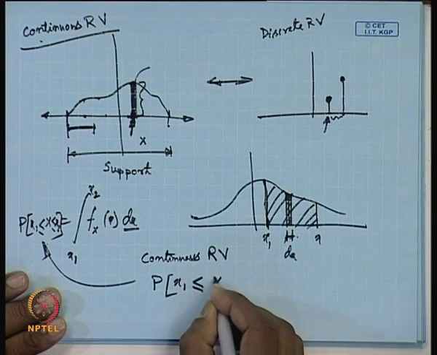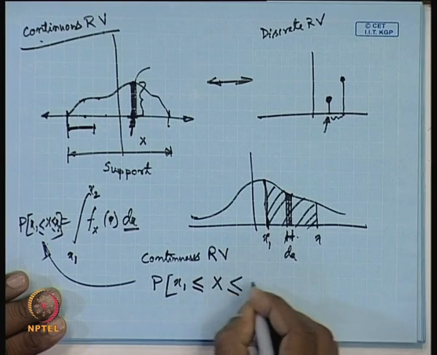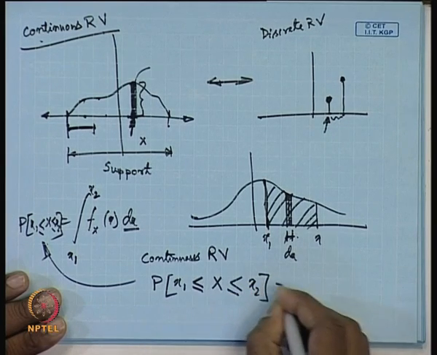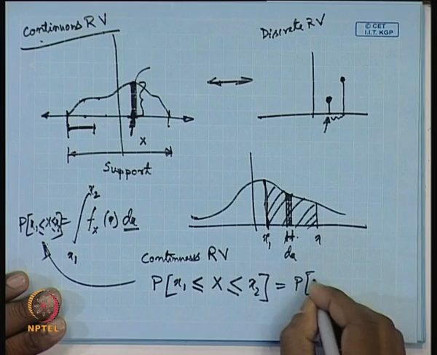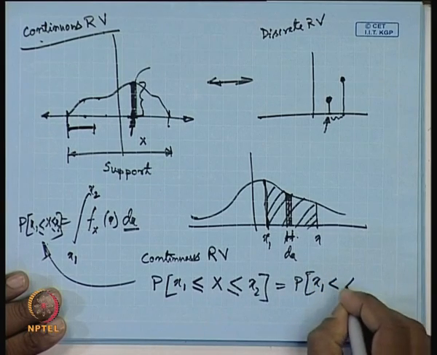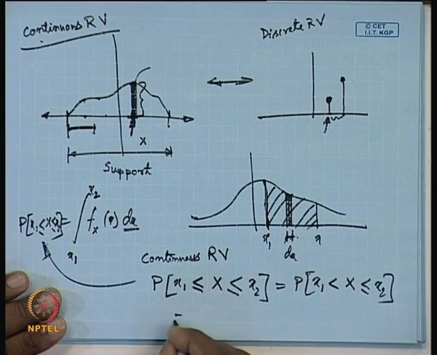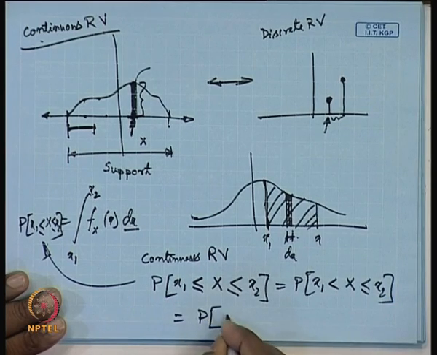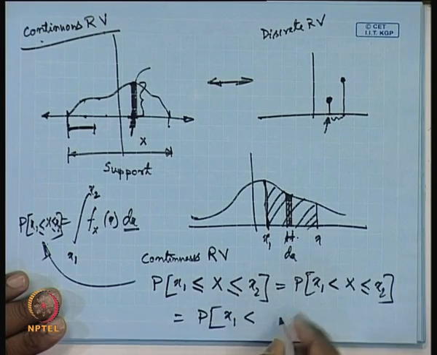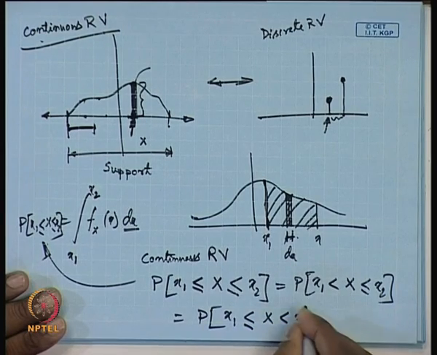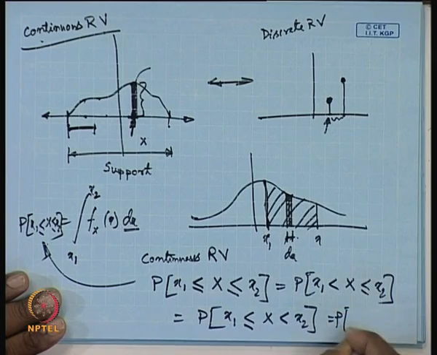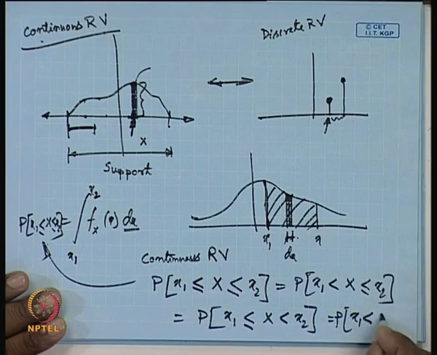The probability of x1 less than or equal to x less than or equal to x2 equals the probability of x1 less than x less than or equal to x2, and for whatever combination is possible, x1 less than or equal to x less than x2 equals the probability of x1 less than x less than x2.